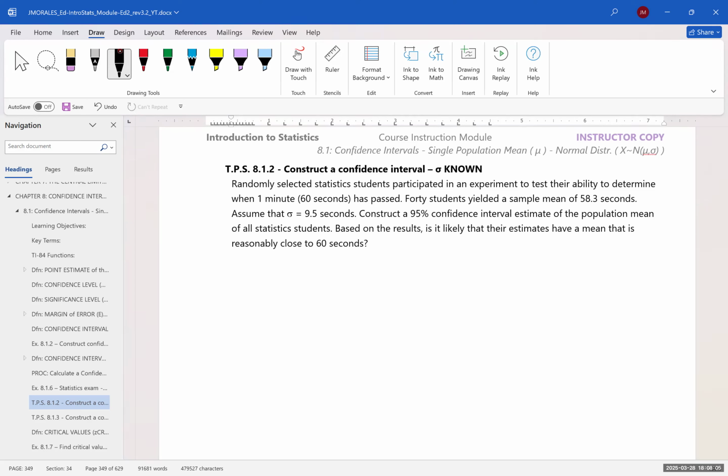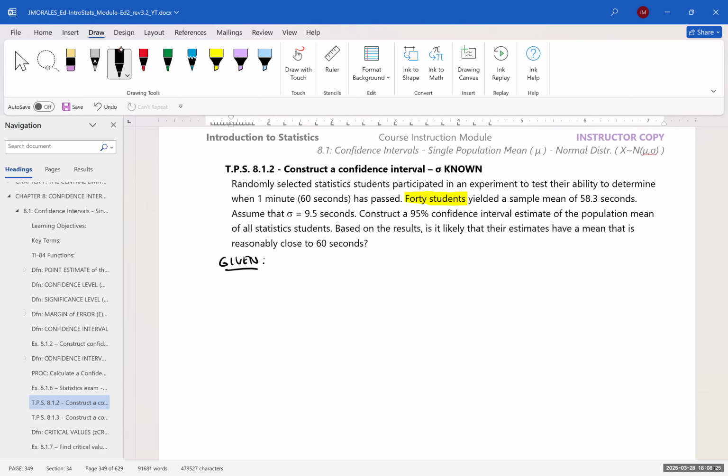All right, so let's take a look at what we've got. It's always worthwhile to look at our given information here. Randomly selected students participated in a test, 40 students.